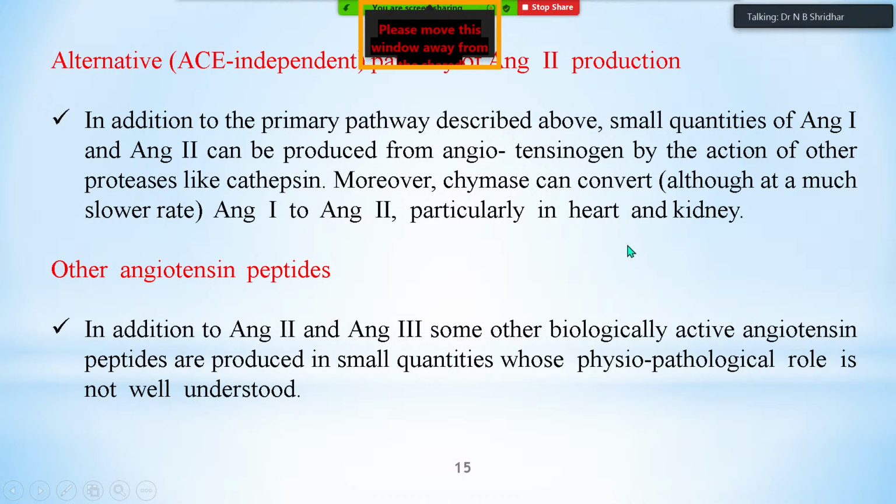Because of this, the cardiac rate will be increased and also the kidney. Then the angiotensin peptides ANG2 and ANG3, and some other biologically active peptides, are produced in small quantities, whose physiopathological role is not well understood.